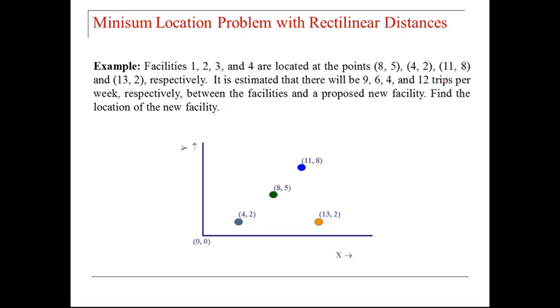So here's an example. We have facilities 1, 2, 3, and 4 allocated at the points (5, 1), which is this one, (4, 2), which is this one, (11, 8), and (13, 2). Those are existing facilities, and we want to be able to allocate our new facility using that information.